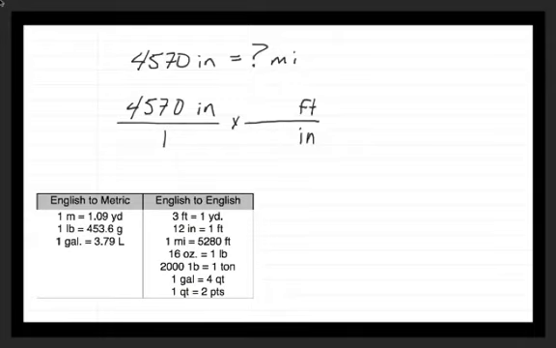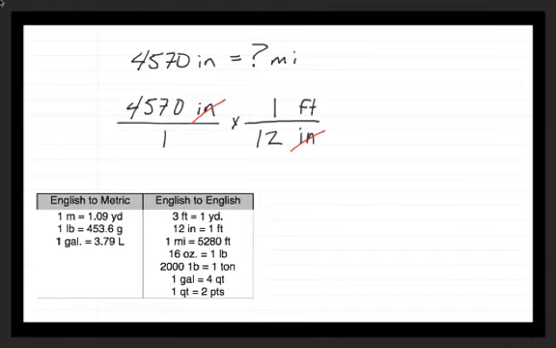Fill in the numbers for the conversion, 12 in the denominator and 1 in the numerator. Confirm that the unit of inches will cancel, and now we have the unit of feet left. Feet is not a unit we want. We need to do another conversion.